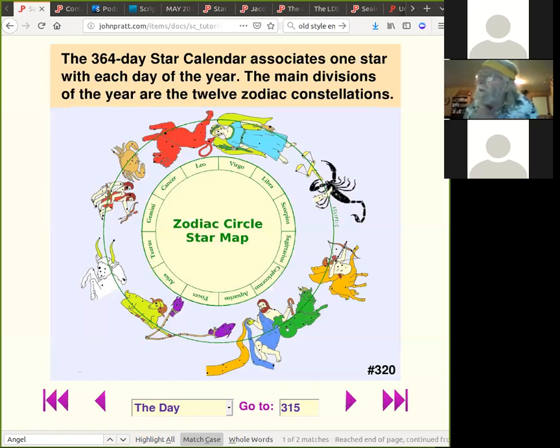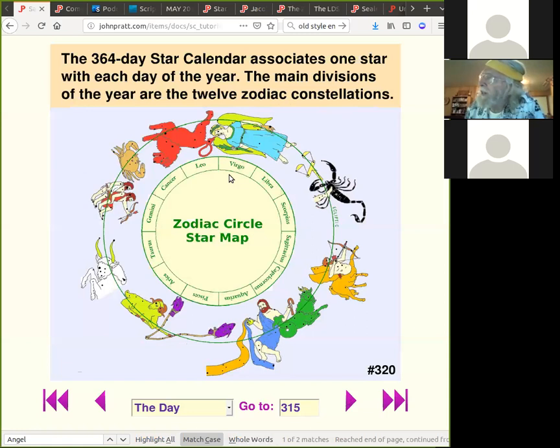So with that in mind, slide number 320: the 364-day star calendar associates one star with each day of the year. The main divisions of the year are the 12 zodiac constellations.